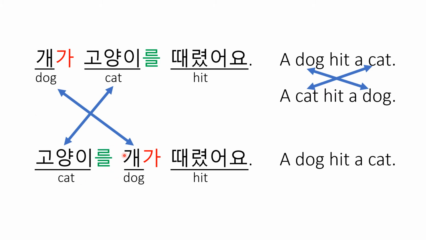The object particle 를 tells you 고양이 is the object of the sentence, and the subject particle 가 tells you 개 is the subject. Although typical Korean sentence structure is subject, object, verb, in reality, Korean word order is relatively free because particles inform you of the grammatical information of the word they are attached to.